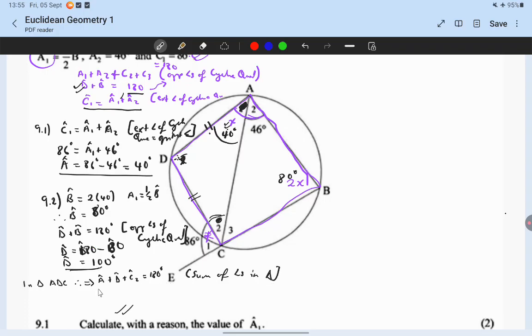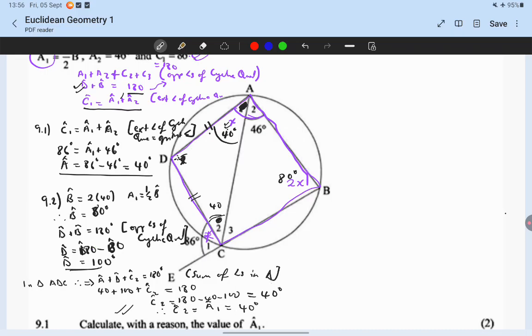So our A there is 40, plus our D, which is 100, plus our C2 must be equivalent to 180. So our C2 must be 180 minus 40 minus 100, which gives us 40 degrees. So our C2 is 40, which is equivalent to our A1, which is 40 degrees.